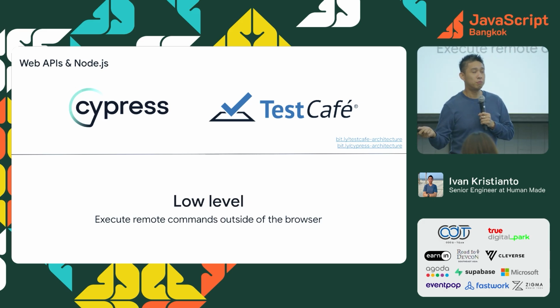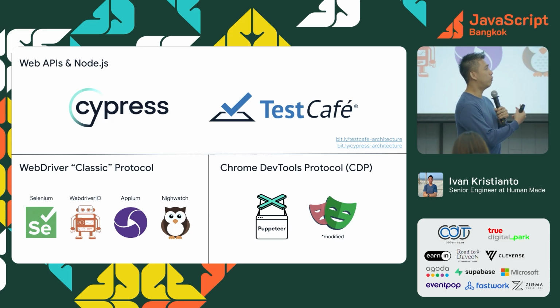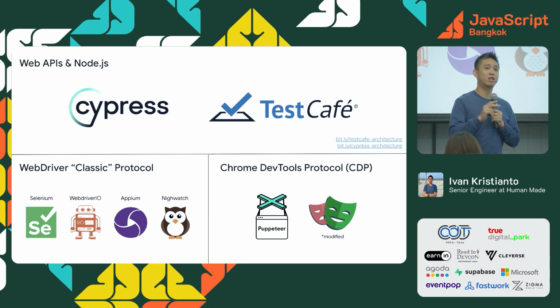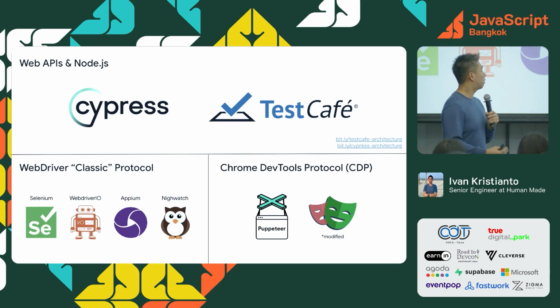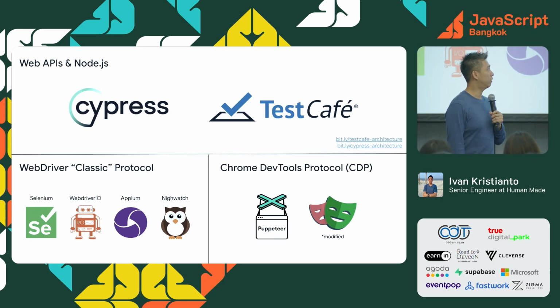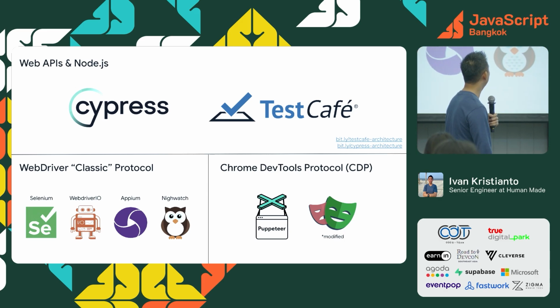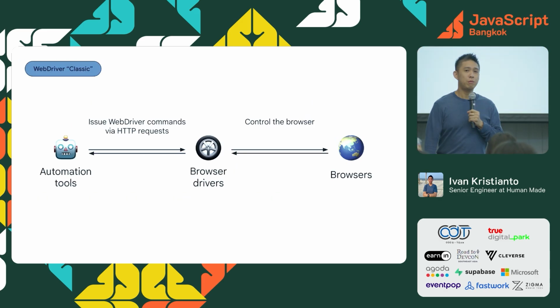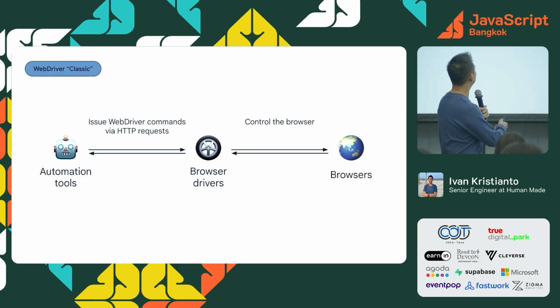On the low-level part, we have two protocols: WebDriver, which we call the WebDriver classic protocol, and Chrome DevTools. As the name suggests, Chrome DevTools only works for Chromium-based browsers. So how does WebDriver work?